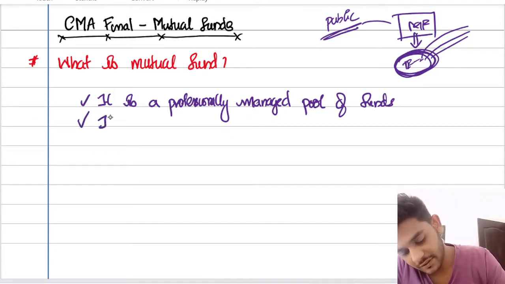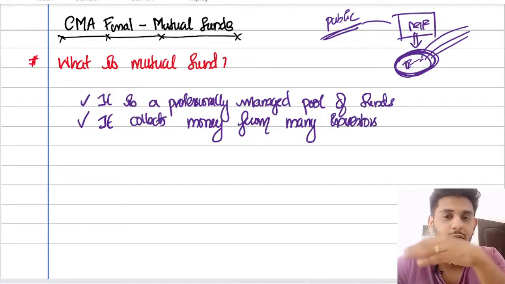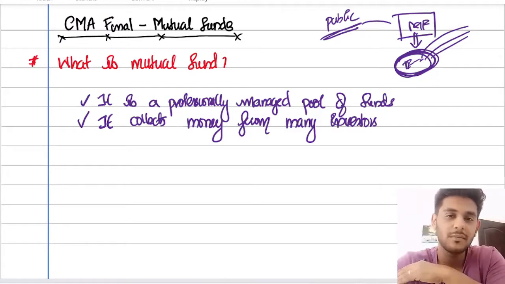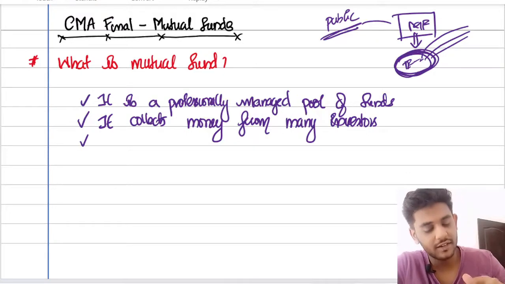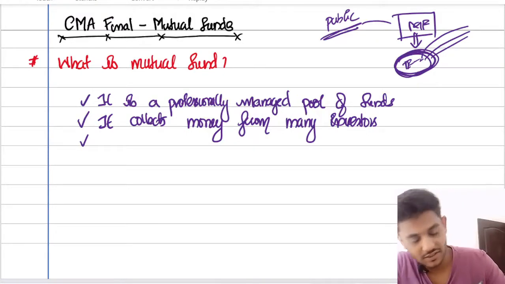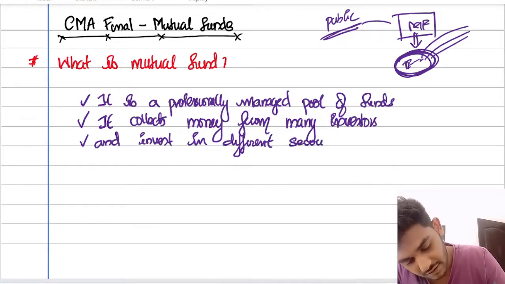And secondly, like we said, it collects money from many investors. Rather than collecting the money from 1 or 2 persons, it is collecting money from a large number of people, means the general public, and they are investing it in the market. So we can say it collects money from many investors and invests in different securities.